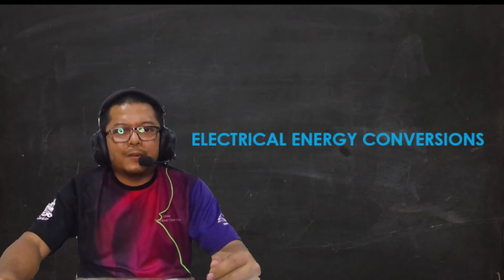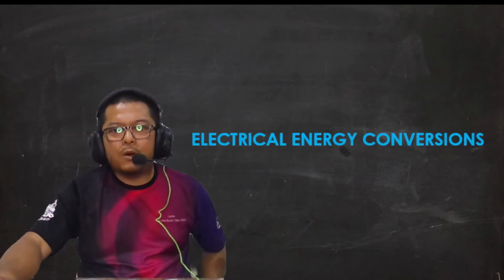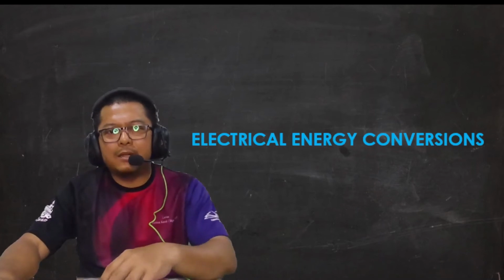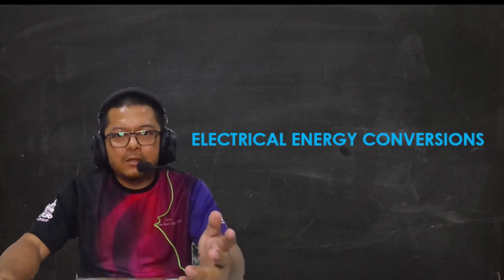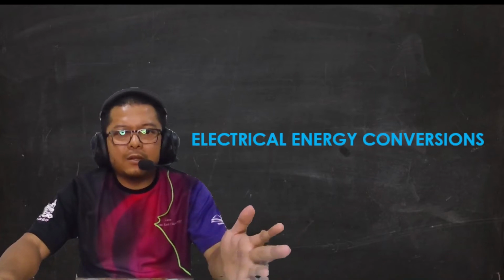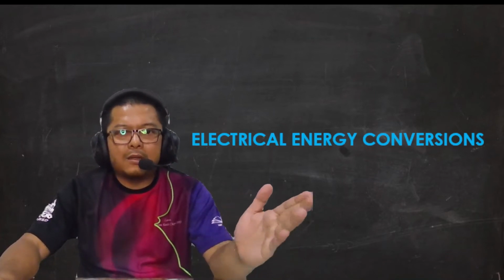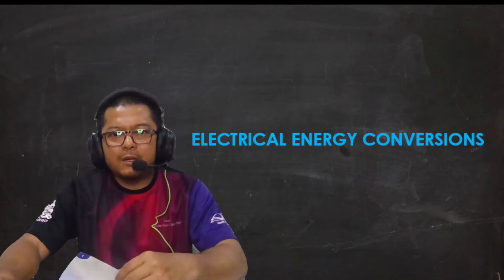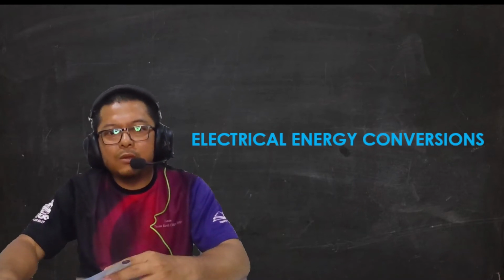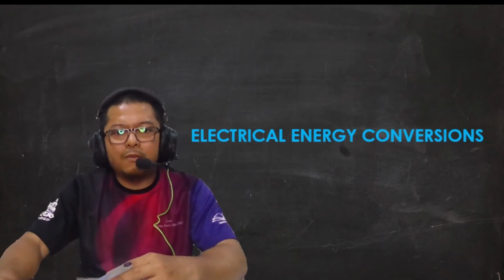Okay, now electrical energy conversion. I believe that we also have learned electrical energy conversion. It doesn't mean only electrical, but all other types of energy that are converted to other forms of energy.